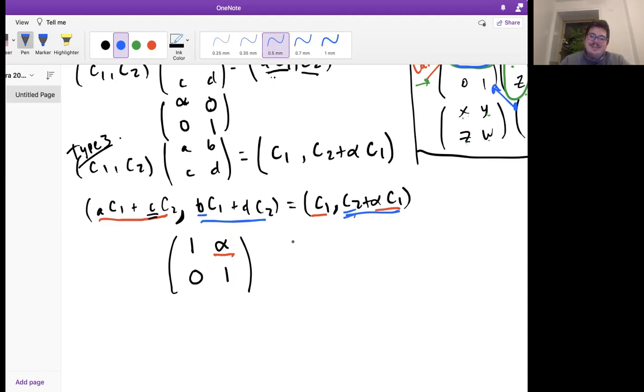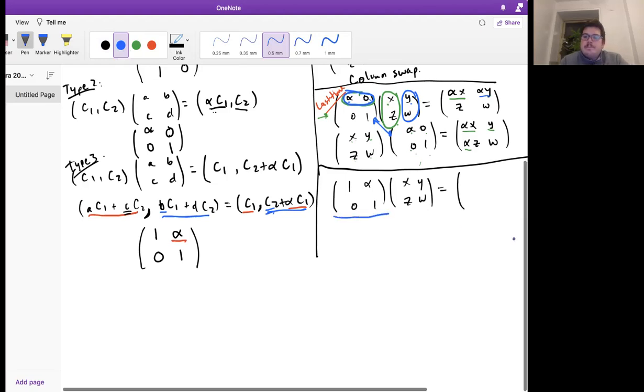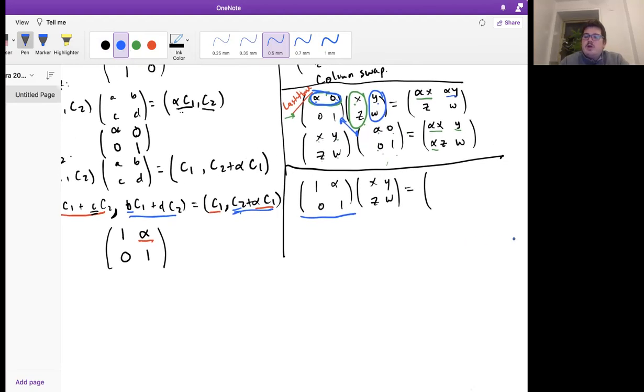Oh, okay. And notice that was your type 3 operation for columns. So let's just make sure we remember that. What is this as a row operation? What is the row operation that is 1 alpha 0 1?